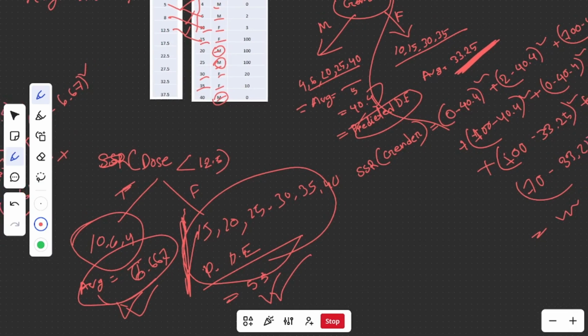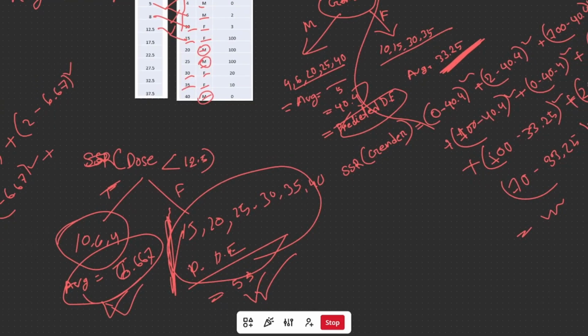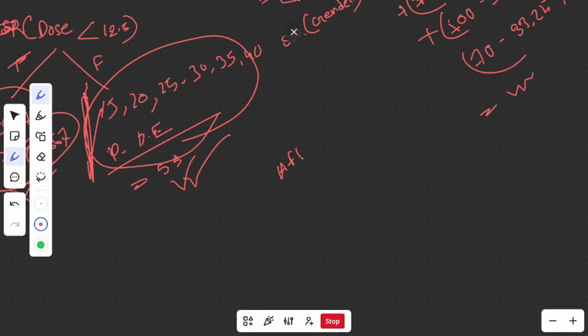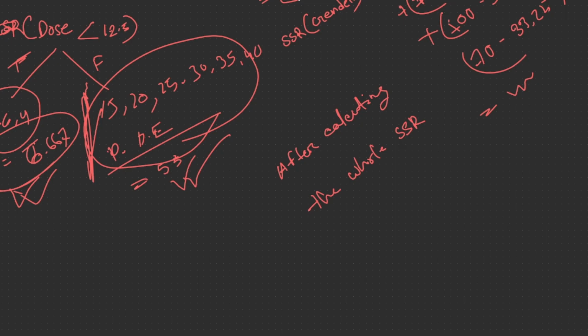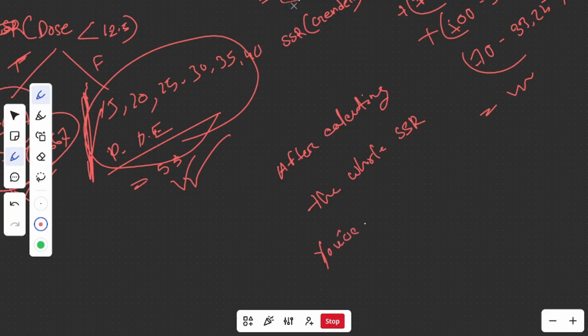So this way, after calculating the whole SSR, you have to pick the minimum number.